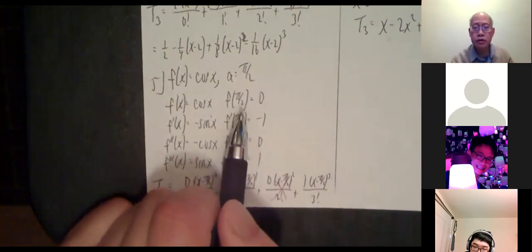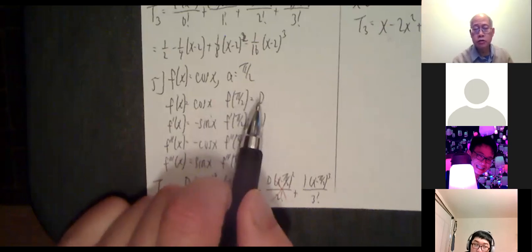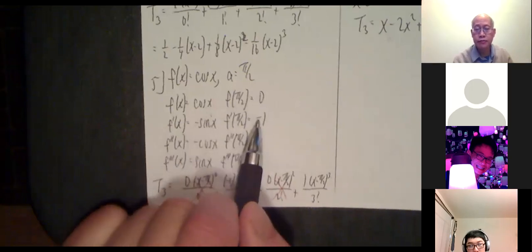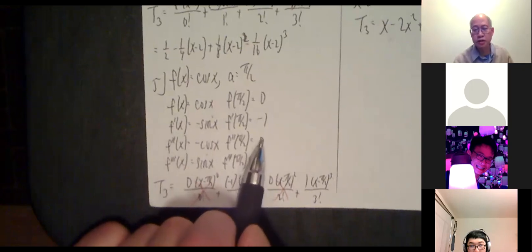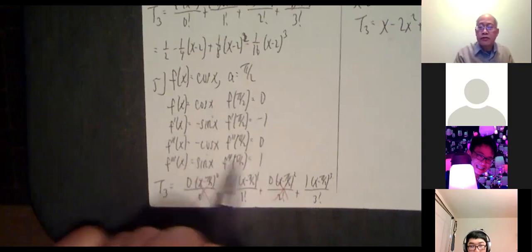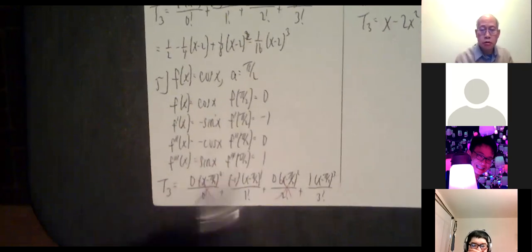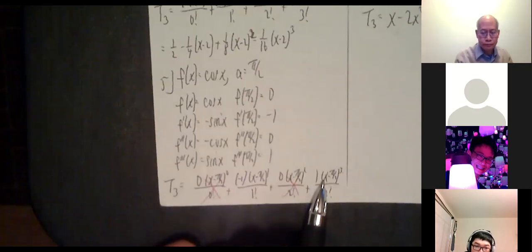Okay, now I plug in pi over 2. Pi over 2 is 90 degrees. Cosine of 90 degrees is 0. Sine of 90 degrees is 1, but the negative means it's negative 1. Negative cosine of pi over 2 is negative 0, which is 0. Sine of pi over 2, 1. So 0, negative 1, 0, 1.